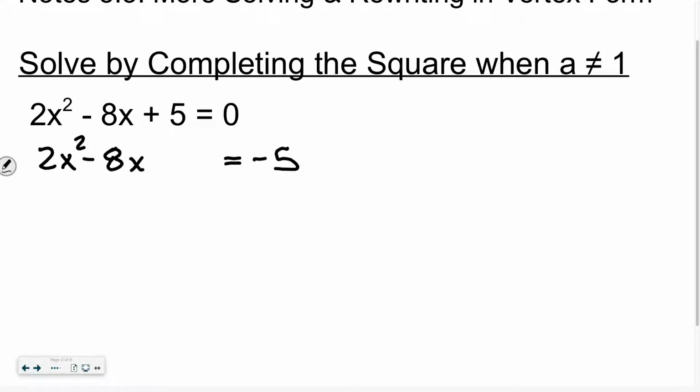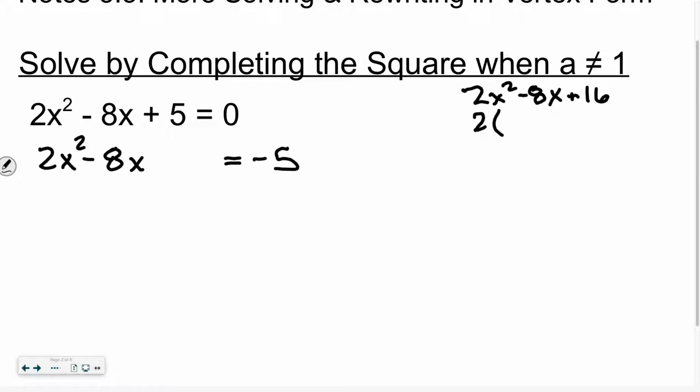Now here's where you have to be really careful. I am not allowed to just take half of the middle term, negative 8, and square it and get 16 and say that 16 is the number that completes the square. If I said that, and write it over here off to the side, 2x squared minus 8x plus 16, I'm saying that when factored, the two factors are exactly alike.